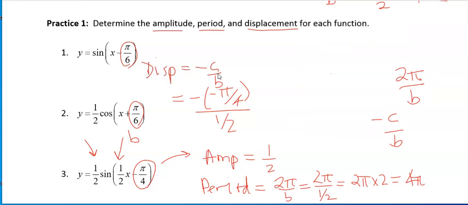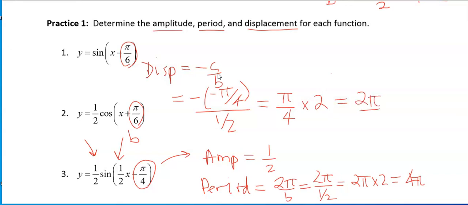And I'll stop this video after this, and let you try some of the other ones. So this would be equal to pi over 4. Remember now, negative becomes positive. Divided by a half is the same thing as multiply by 2. And so that'll give you 2 pi over 4, which you can reduce to pi over 2.